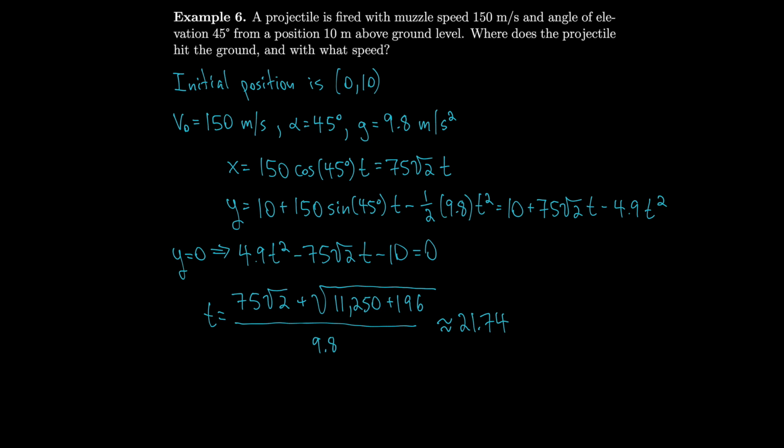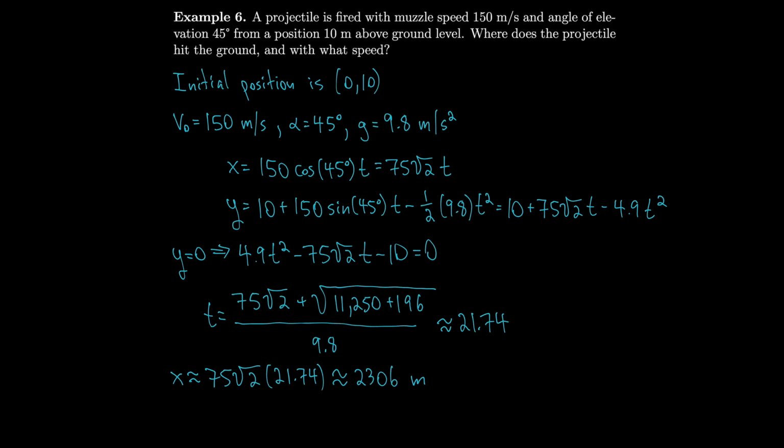So let's get x now. So x is about 75√2 times 21.74, now that we know what our t value is. So that means that it's about 2306 meters. So that's where the projectile hits the ground.